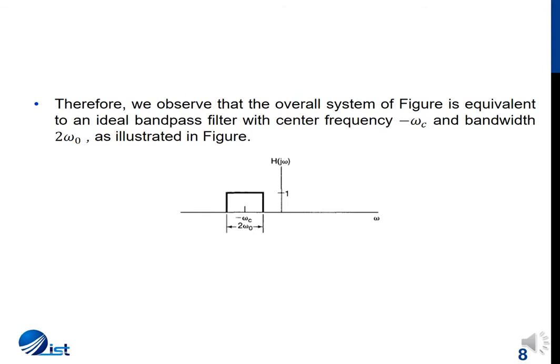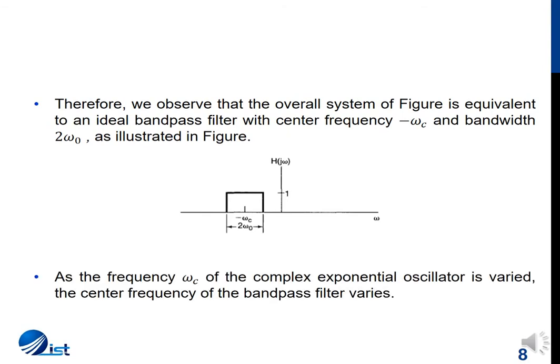So band pass filtering can be achieved in 2 steps in this way. If we vary the frequency omega c, the center frequency of the band pass filter varies, and we can tune different bands.